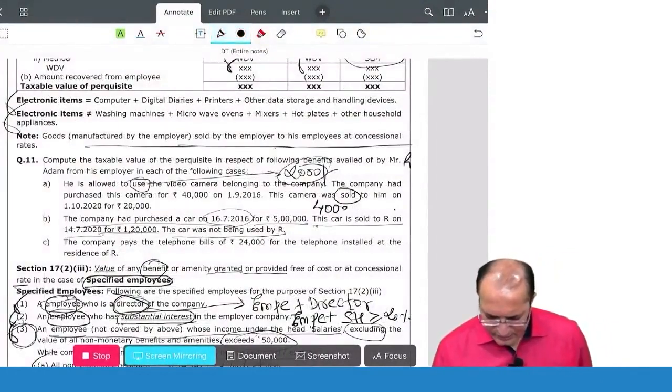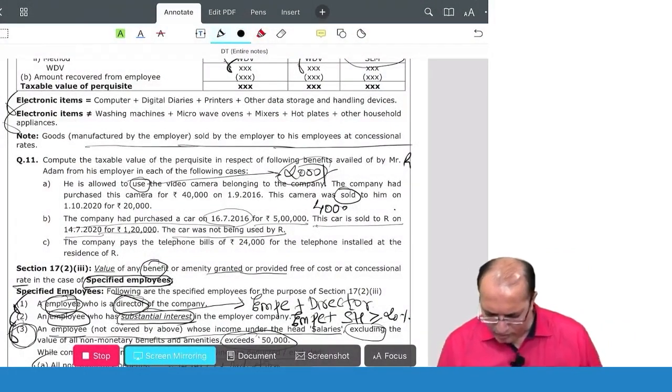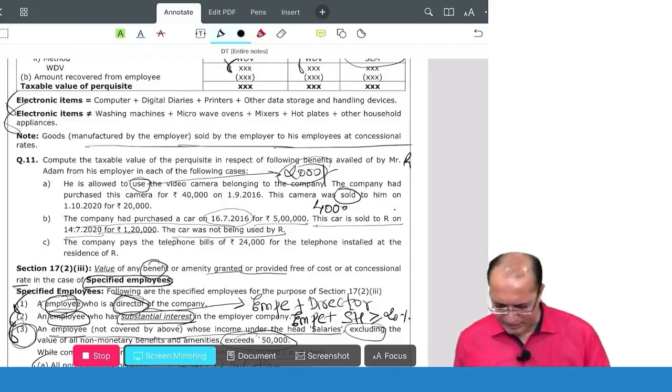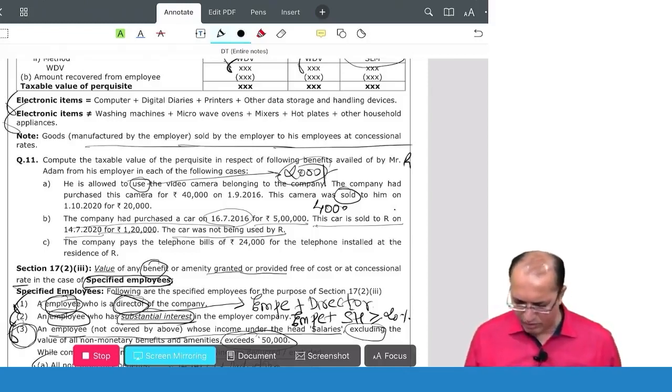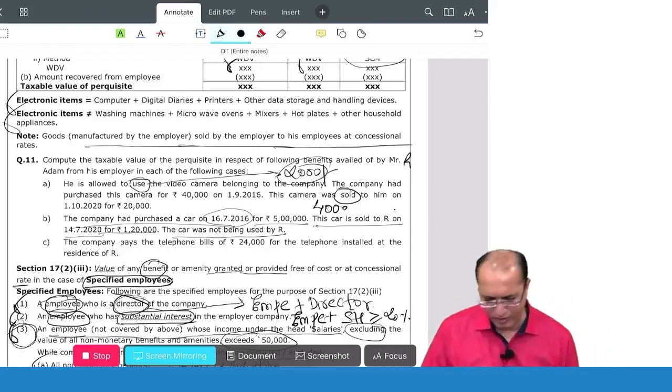Yes, so we'll wind up here. Rizwan, do you have any doubt? Yes, one day also should be taken into account. Intentionally such a question is drafted.